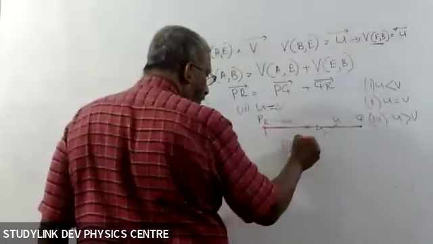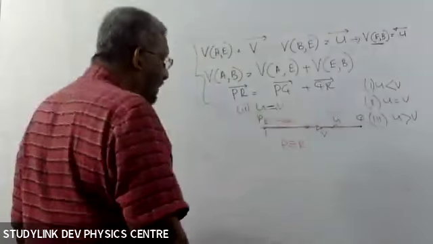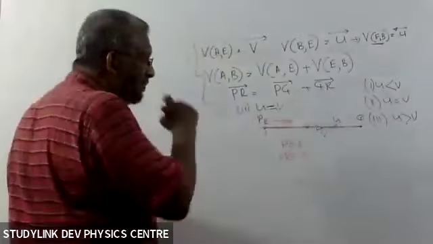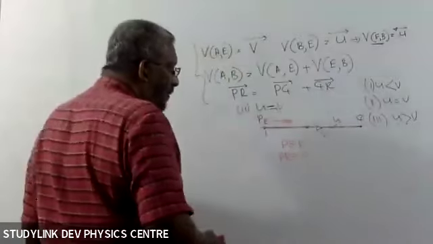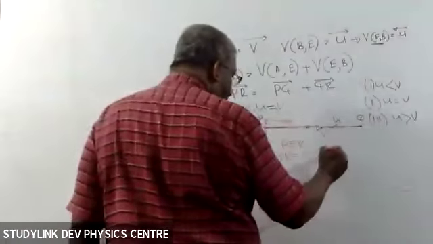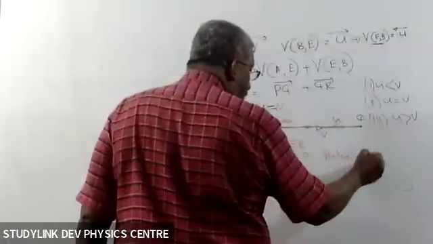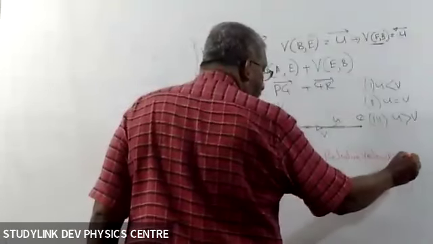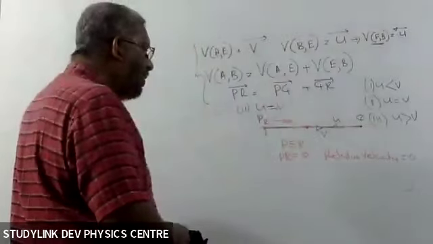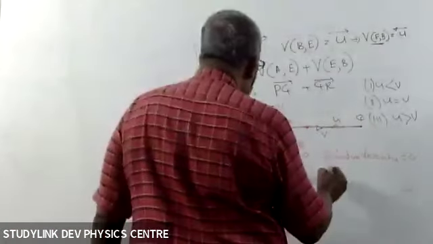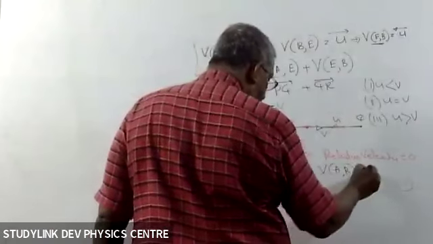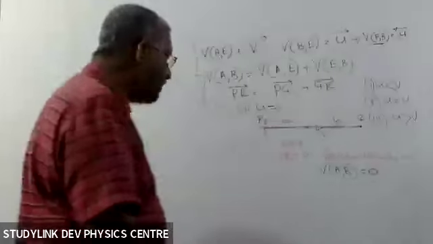P is in an identical position with R. Then PR is equal to 0. Why? P to R, no distance. Then the relative velocity is 0. Or we can say the velocity of A relative to B is equal to 0, a null vector.